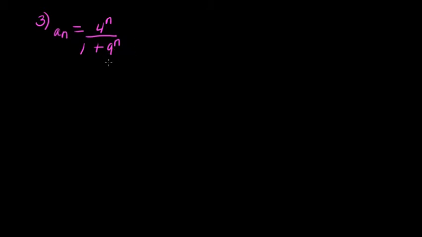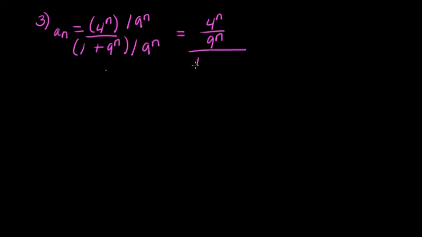We are going to still divide by the highest power, which happens to be 9 to the n in this case. So I'm going to divide this by 9 to the n and this by 9 to the n. This will give me 4 to the n over 9 to the n all over 1 divided by 9 to the n plus 9 to the n over 9 to the n.